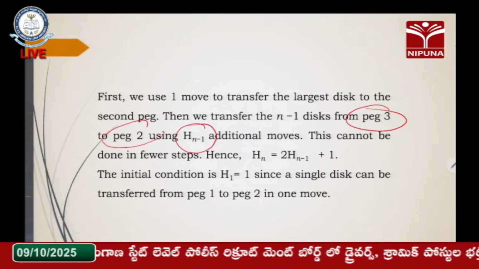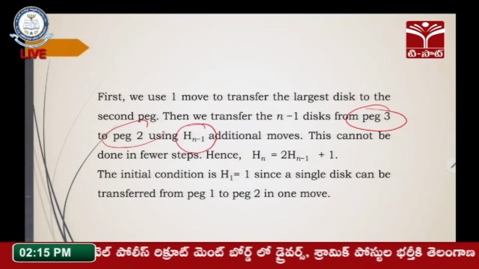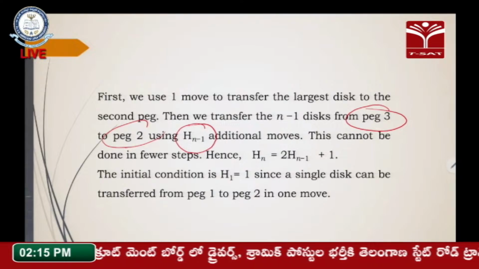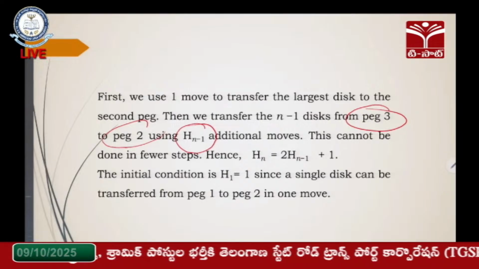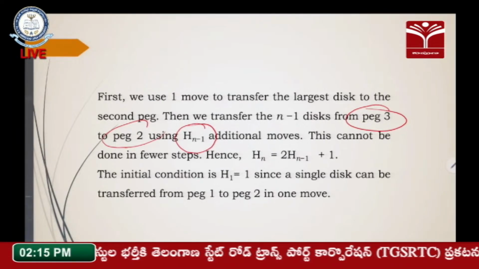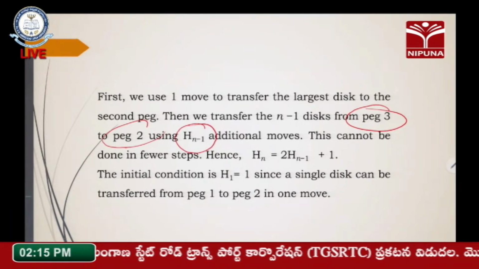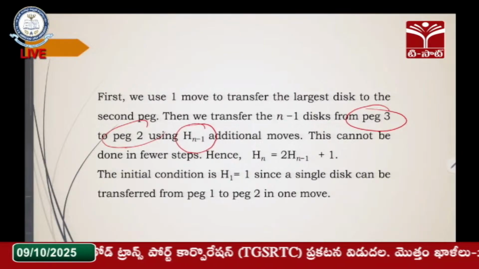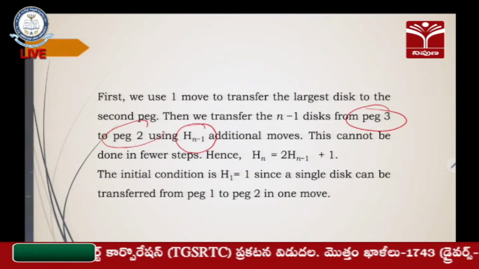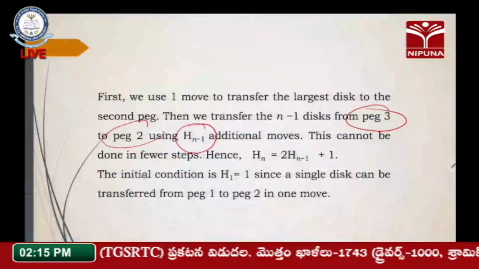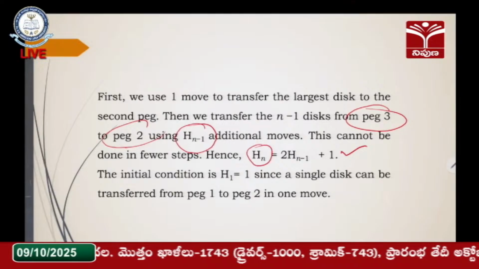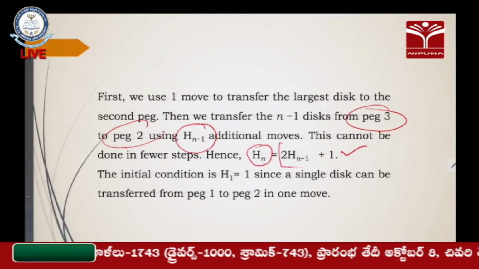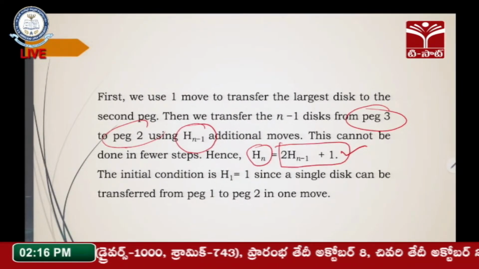Hn minus 1 moves. Yes. Now my final optimal condition is what? All the disks on the first peg must be shifted to the second peg in the same order. So totally how many moves are there? Hn minus 1, again Hn minus 1, so 2 Hn minus 1, and one larger disk, one move for the second peg, that is plus 1. So the total number of moves Hn is 2 Hn minus 1 plus 1, isn't it?